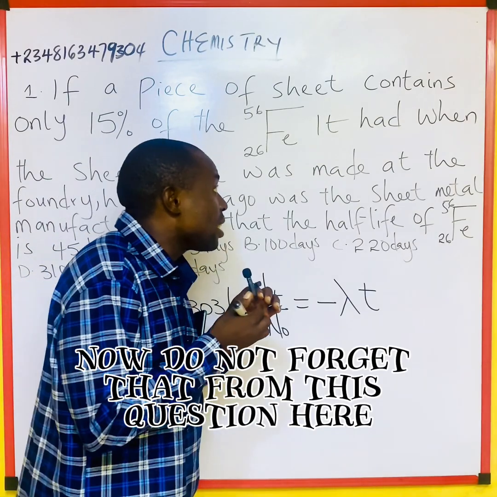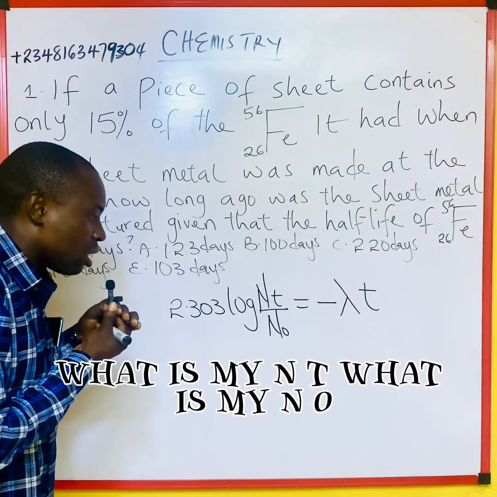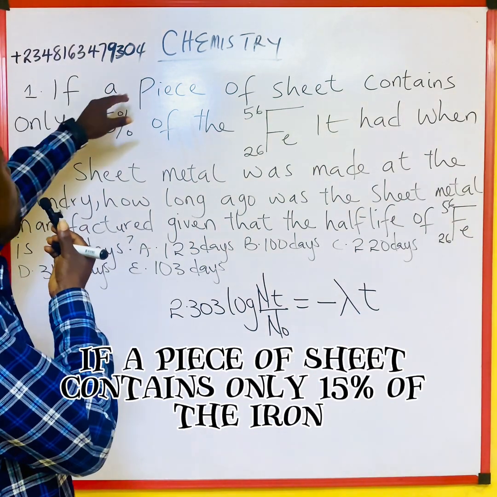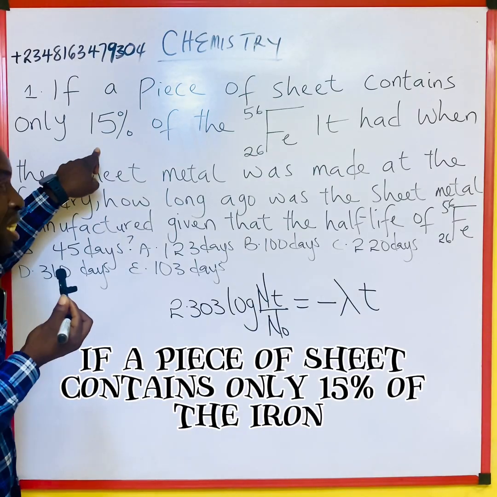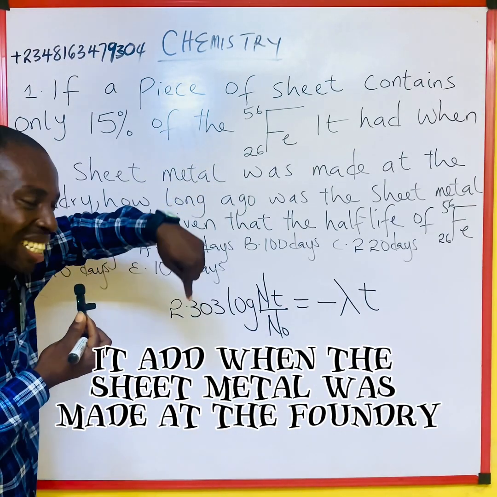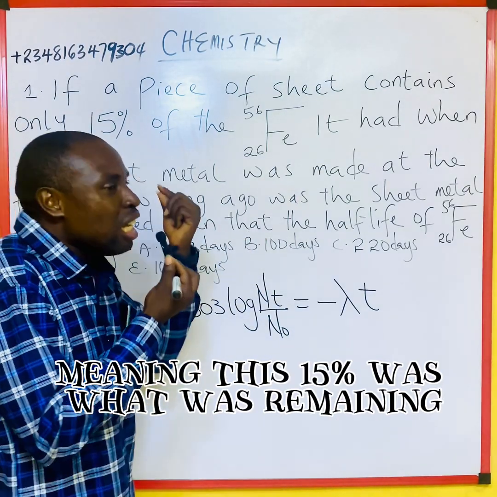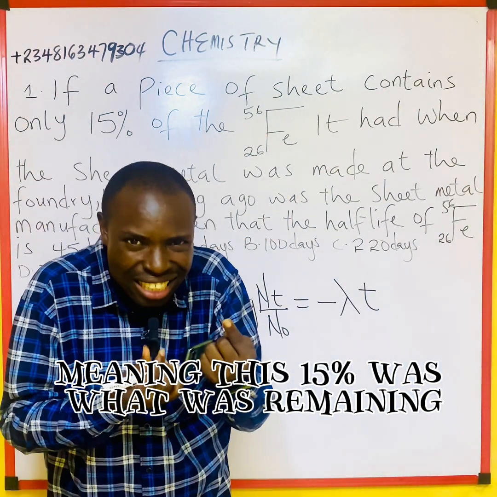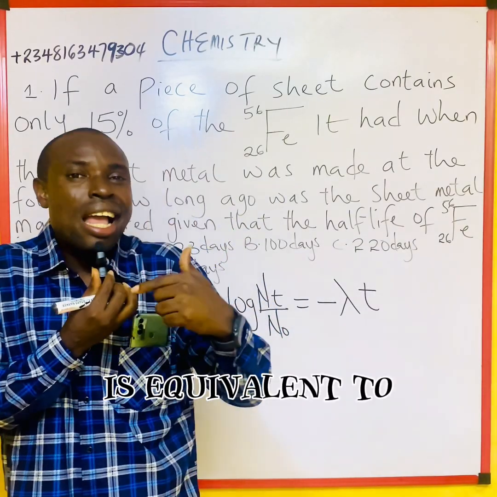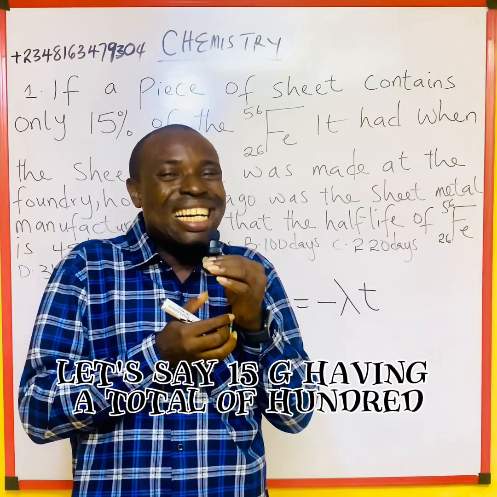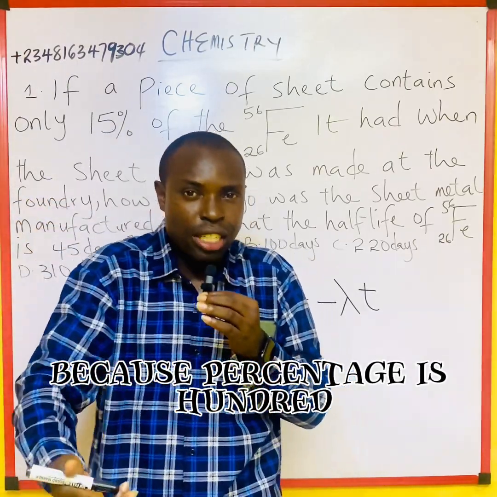Now do not forget that from this question here, what is my Nt, what is my N naught? From this question, it says if a piece of sheet metal contains only 15% of the iron it had when the sheet metal was made at the foundry, meaning this 15% was what was remaining, which you can also say 15% is equivalent to, let's say, 15 gram, having a total of 100, because percentage is 100.